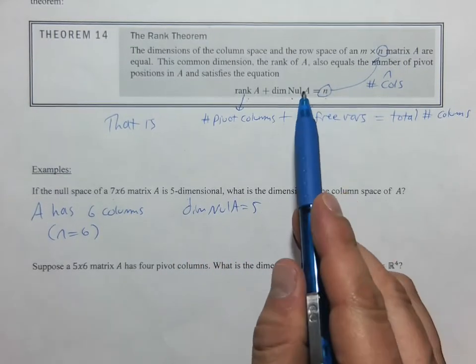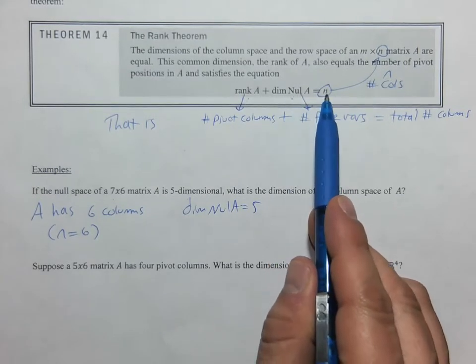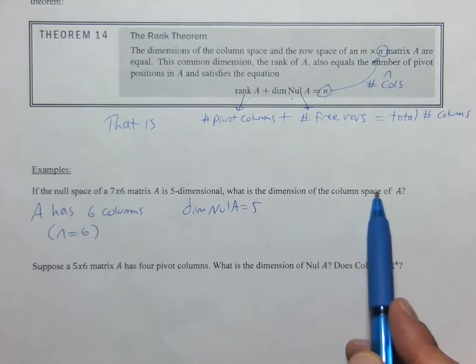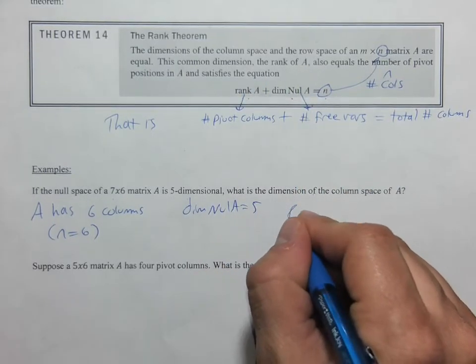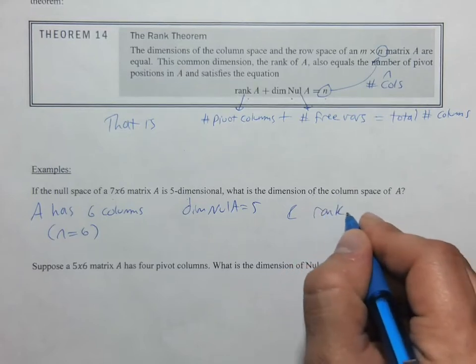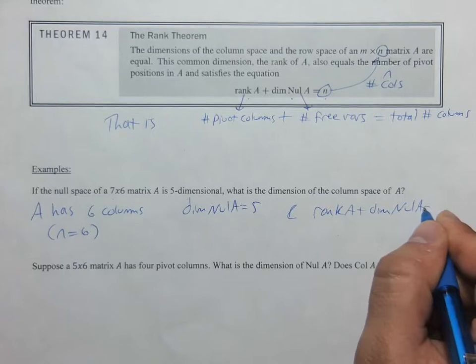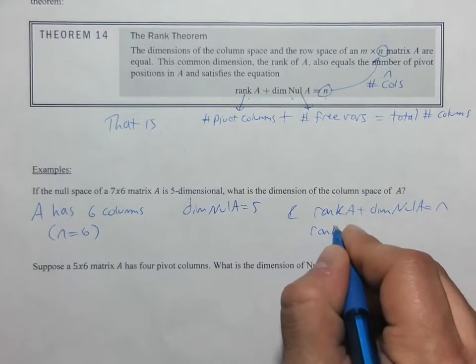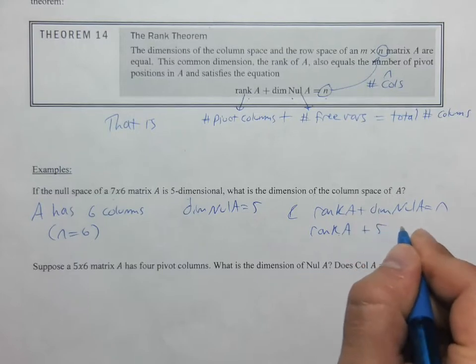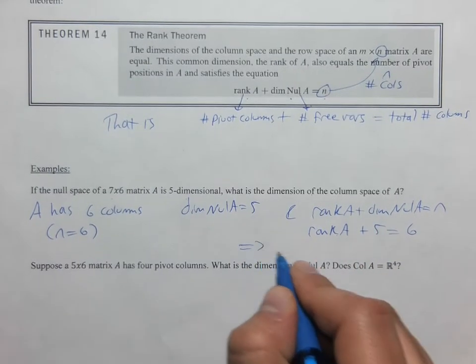And so we know two pieces of information in this equation. We know the dimension of the null space, we know n, and the question is, what's the dimension of the column space, which is the rank? We know that rank plus dimension of the null space equals n, and we know two of those things. So rank plus 5 equals 6, and that means the rank is 1, right?